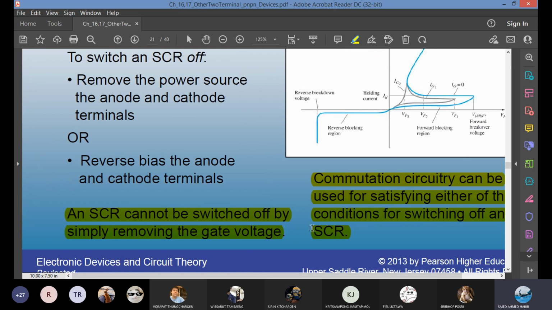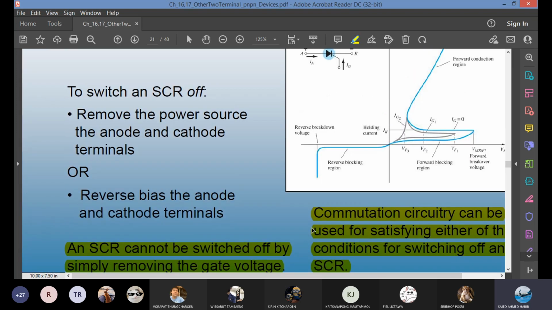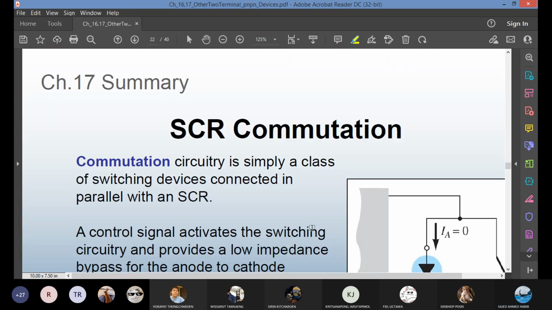In the commutation circuitry, you create a parallel path for the current to flow. So if the current doesn't flow through the SCR, it flows in the parallel path. What will happen? The SCR has no current, it will turn off. By using the commutation circuitry, the parallel path, you are just removing the power source and the current source, or you can reverse bias.